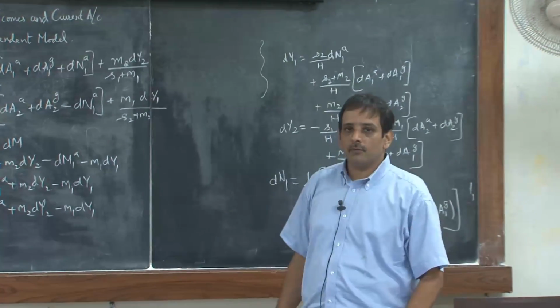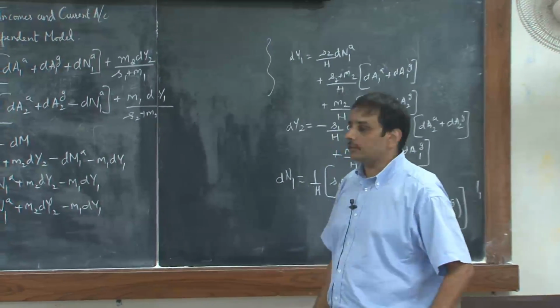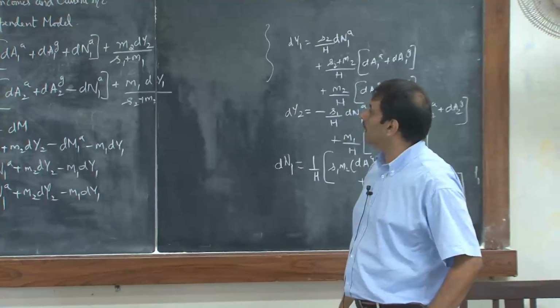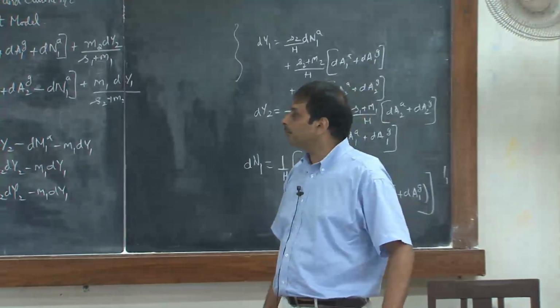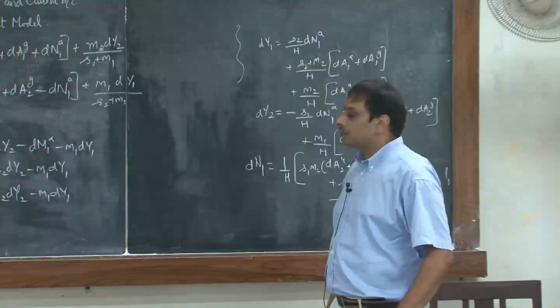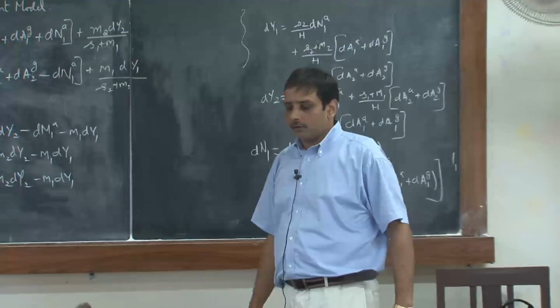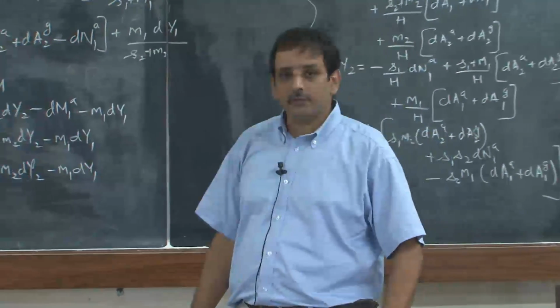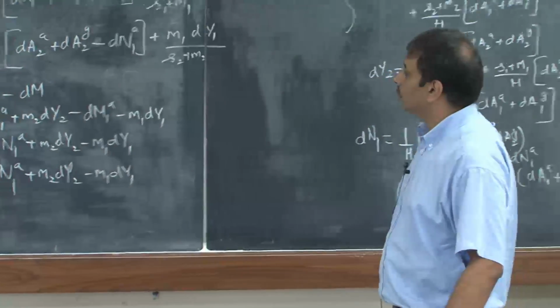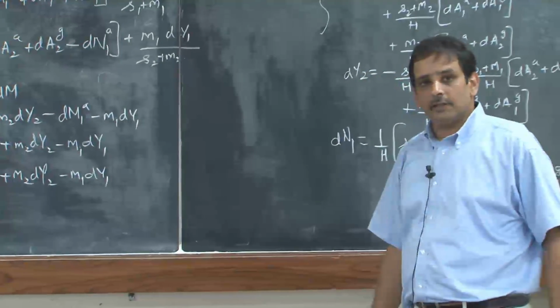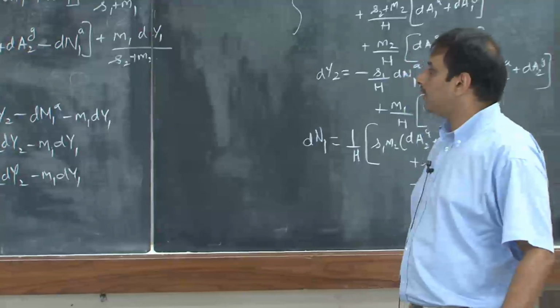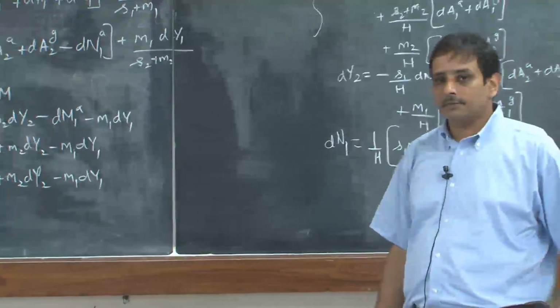Today we will carry forward our discussion on the interdependent model. The issue was that any shock which is given in the system leads to changes in the incomes and in the current account balance.